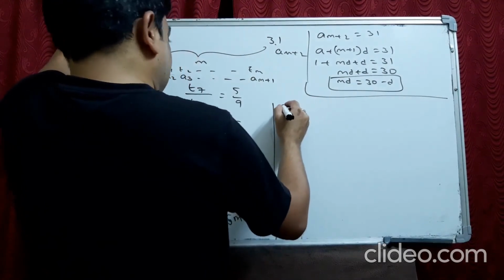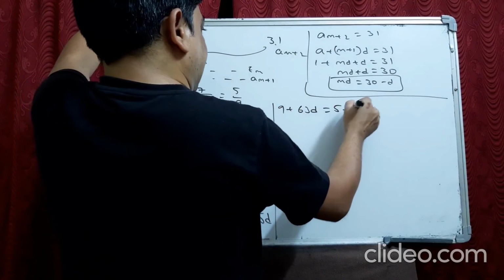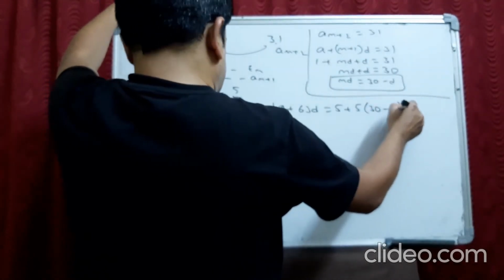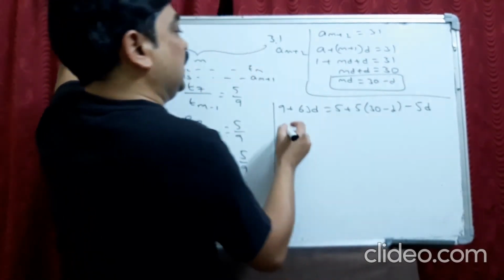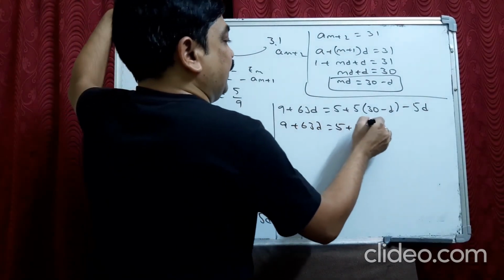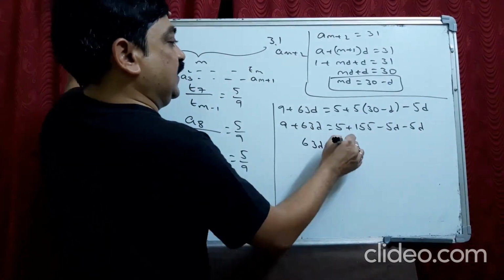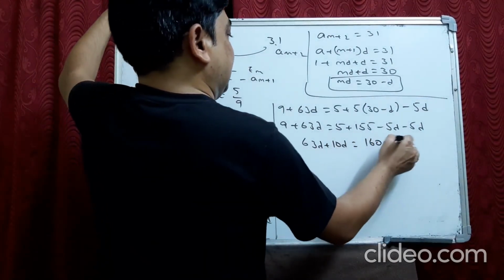So 9 plus 63d equals 5 plus 5 into md, which means 30 minus d, minus 5d. So it becomes 9 plus 63d equals 5 plus 150 minus 5d minus 5d.